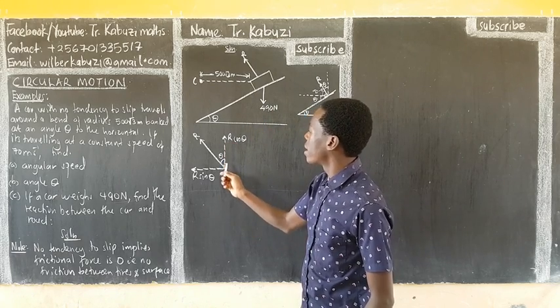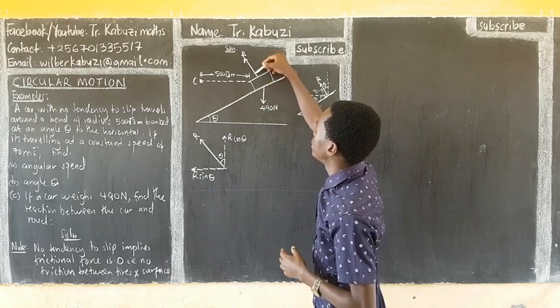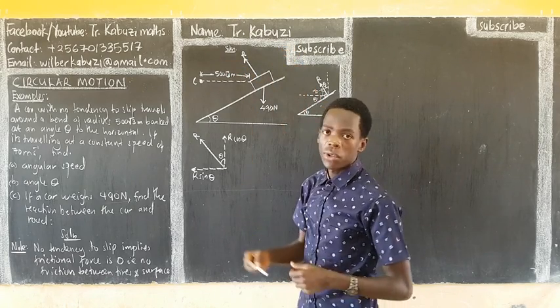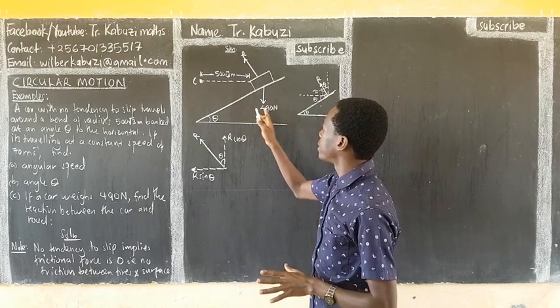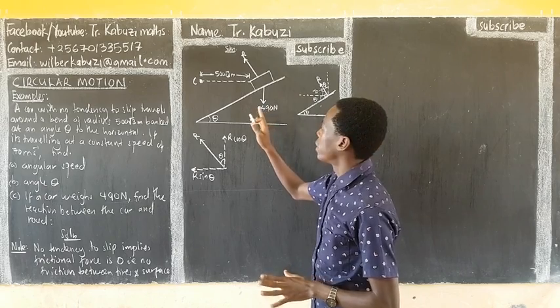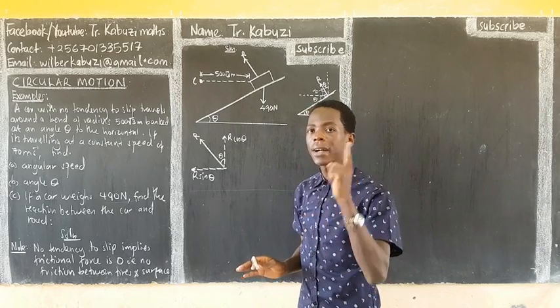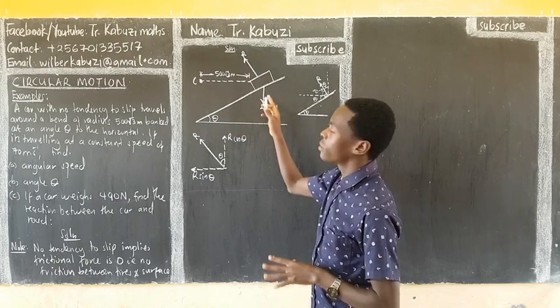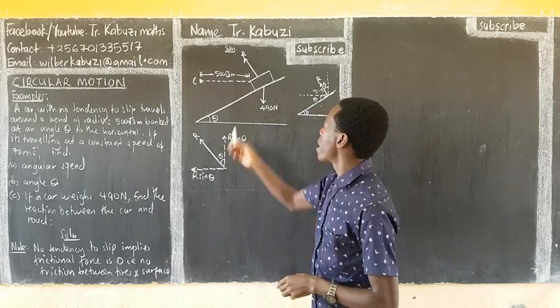That's why I resolve the forces which are perpendicular to the plane into vertical and horizontal components. Here we don't want forces along the plane. Any force which is along or perpendicular to the inclined plane, you make vertical and horizontal by resolving it.